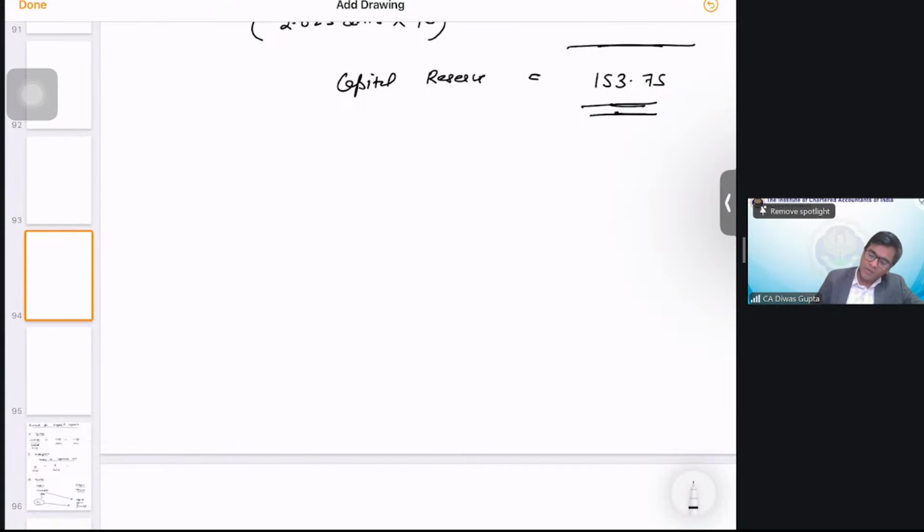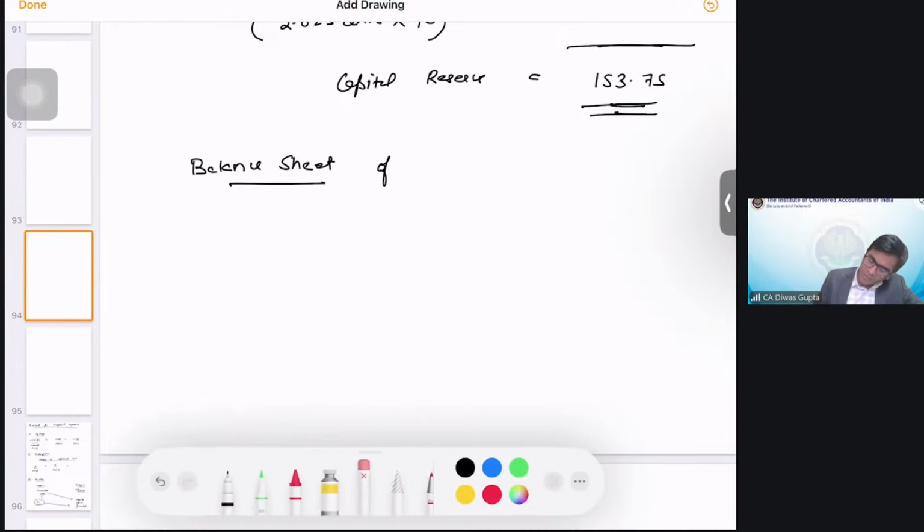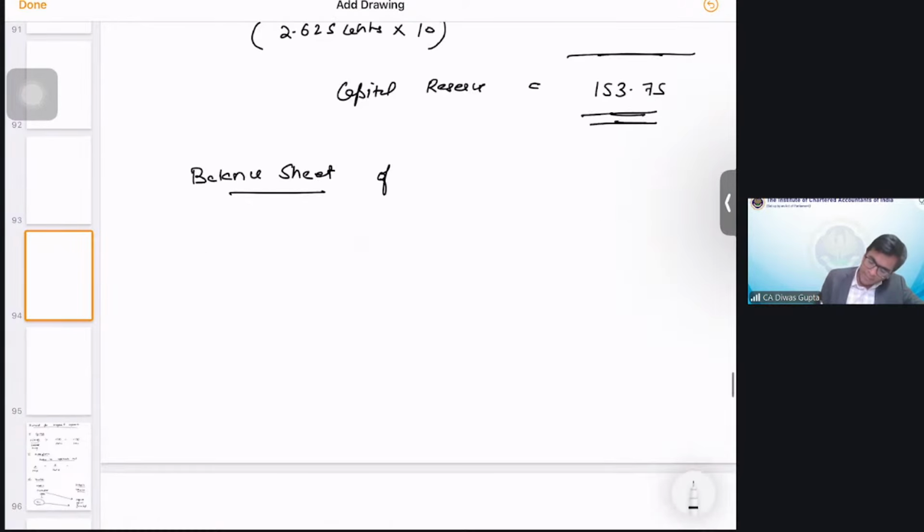Perfect. Then let's come to the balance sheet of strong bank after merger.